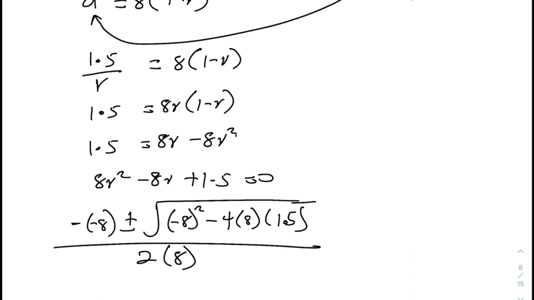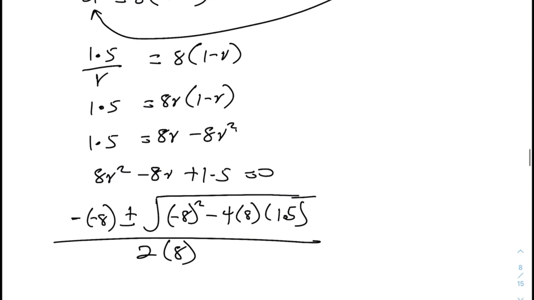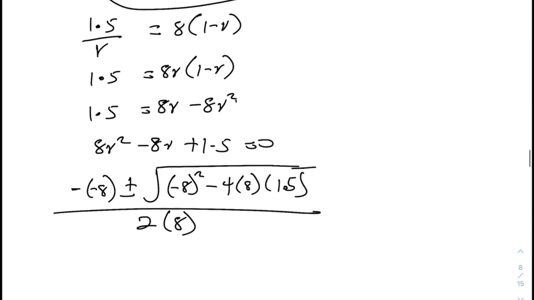Have I made a mistake anywhere? Okay, that's fine. Normally I'll put this on the calculator and wouldn't worry myself. I don't know why I'm even trying to solve it generally.